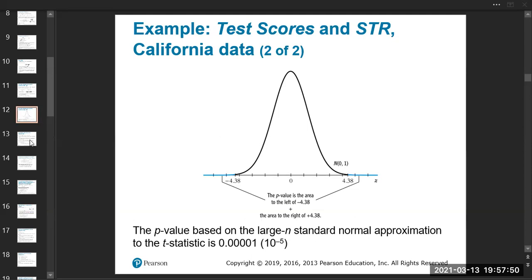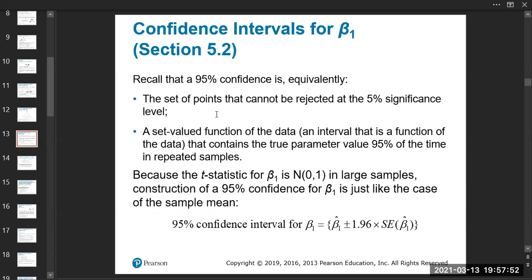After hypothesis testing, you can also do confidence intervals for beta 1. Recall that a 95% confidence interval is equivalently the range that cannot be rejected at the 5% significance level. They are two sides of one mirror.